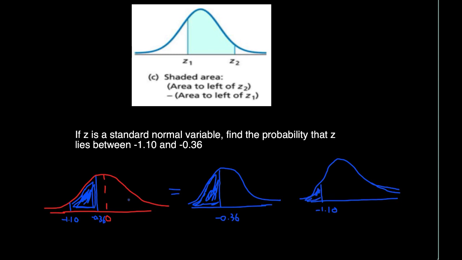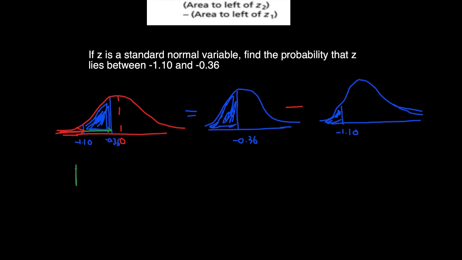I find the big area first, from here to here, and then the small area from here to here. If we subtract, I can find the area in between negative 1.1 and negative 0.36.